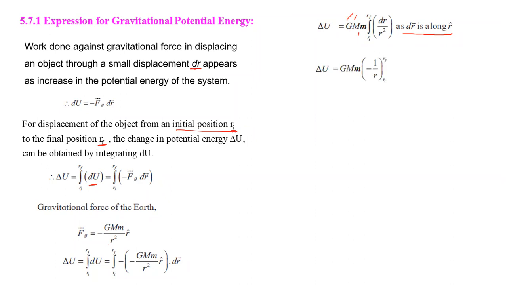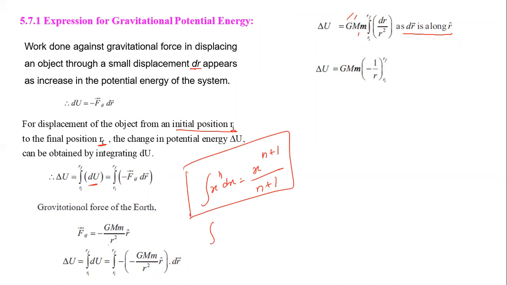minus 1 by r. Let me tell you the integration formula: the integration of x raised to n dx is equal to x raised to n plus 1 divided by n plus 1. This is a formula. You have to learn integration in mathematics. Now here, the integration of dr by r square is similar to the integration of r raised to minus 2 into dr. Now use this formula.